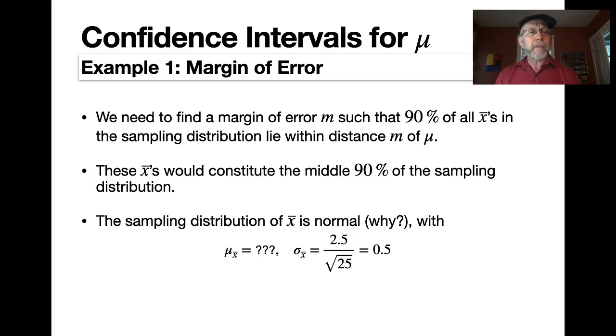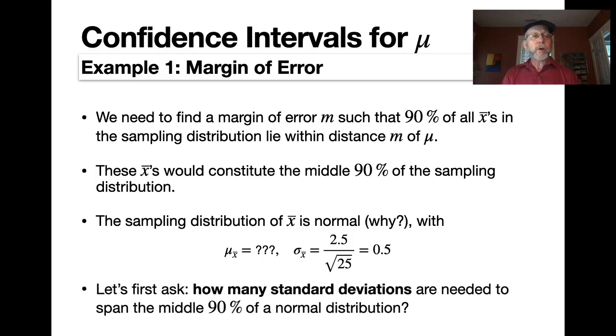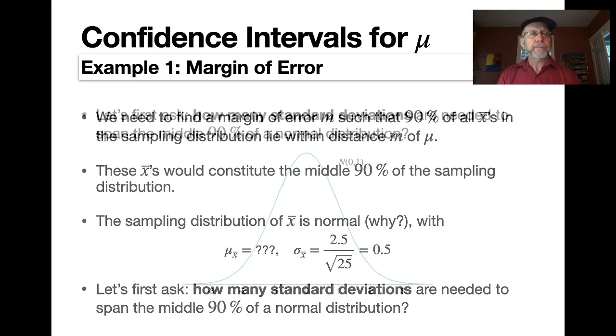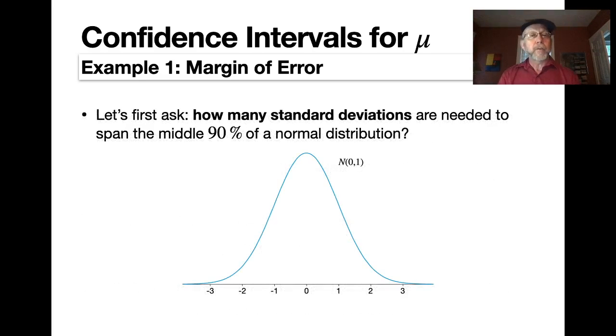So how are we going to find this margin of error so that 90% of all x bars lie within that distance of the true mean? Well, it's helpful to first ask how many standard deviations are needed to span the middle 90% of a normal distribution. So let's ask that question.